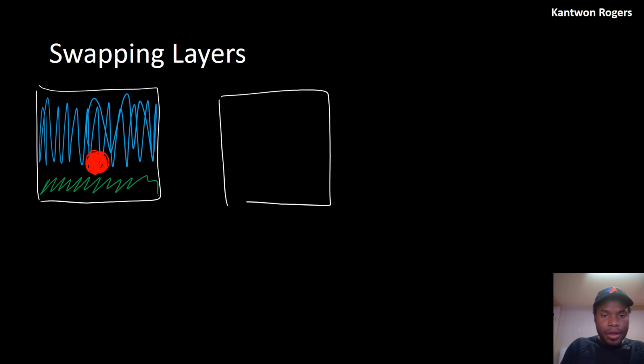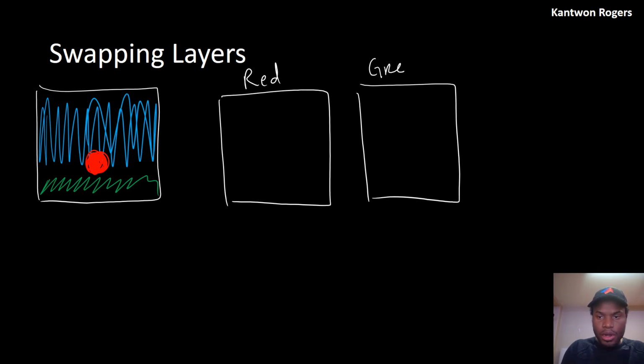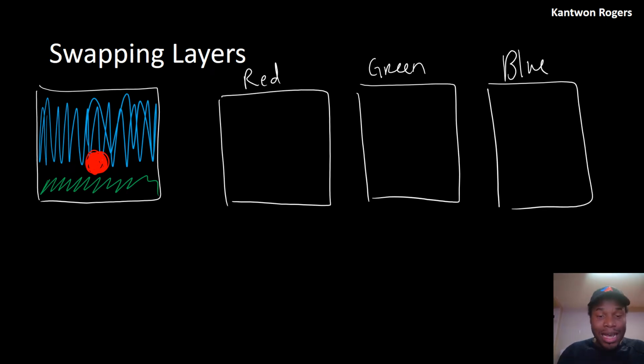And let's actually draw out what each of the layers would look like in order to create these corresponding colors. So let's say I had my red layer, my green layer, and my blue layer. Everywhere the sky is, where it's blue, red is 0, green is 0, and blue is 255.